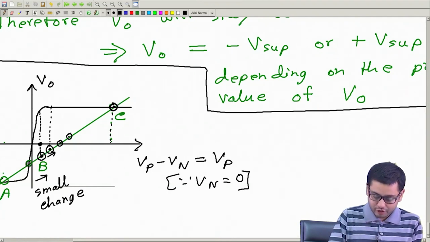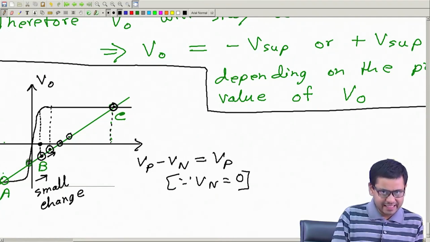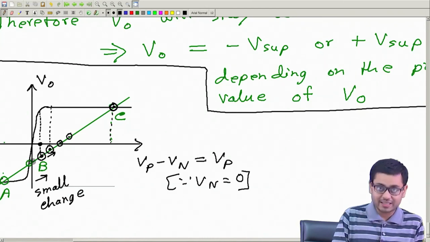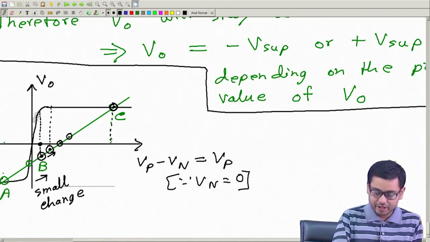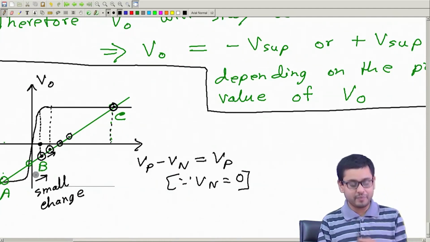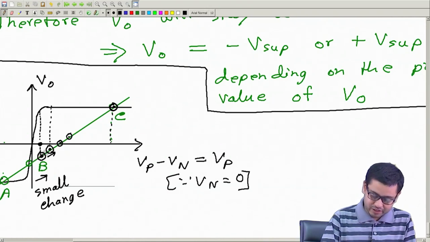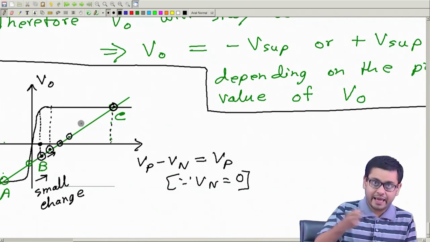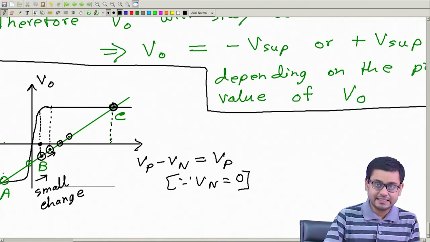So if I start from this point and by any chance move a bit towards the right by a slight increment of the output Vo due to whatever reason, that will cause further increment of output, and this will go on in a chain until I reach this point.